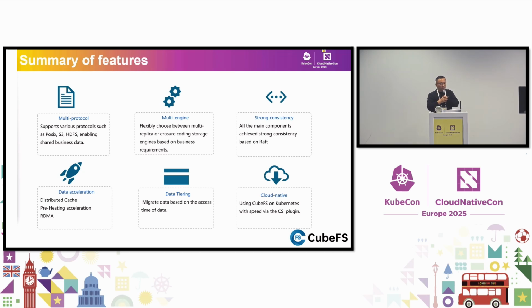Fourthly, the distributed cache capability can be used in acceleration scenarios. Fifthly, intelligent data tiering helps to migrate data from high-performance media to lower-cost media to help the business cut the budget. Finally, you can use CubeFS on Kubernetes via the CSI plugin.